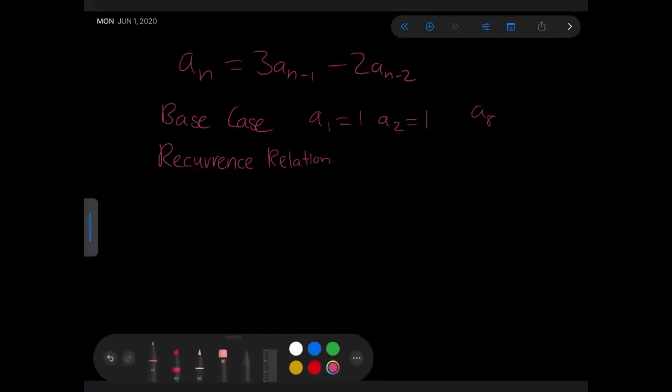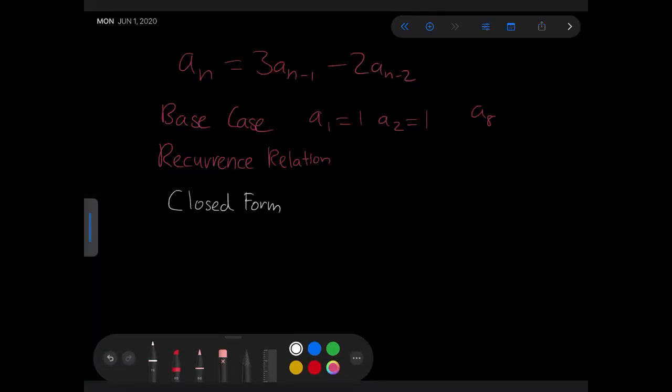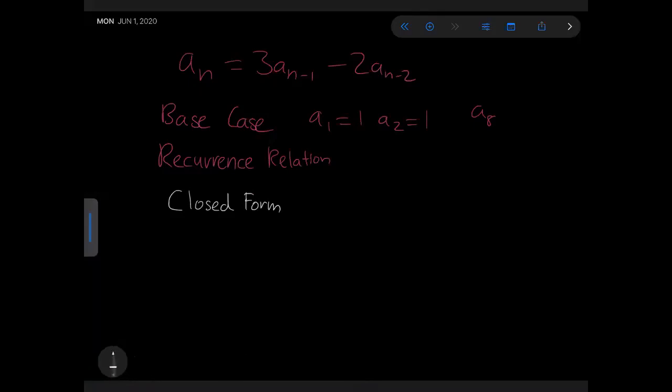What a closed form expression is, it's a way to model recursive sequences without actually using recursion. So for example, we can demonstrate a polynomial that generates a recursive sequence. And we're going to find out a way to find closed form.